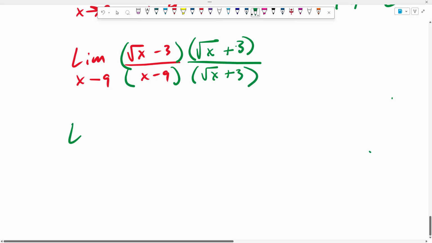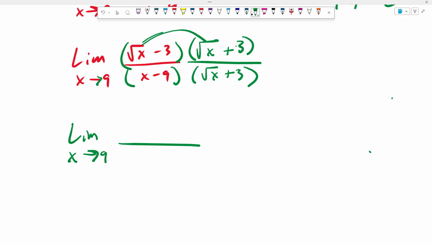with the limit as x approaches 9. Square root of x plus 3, square root of x minus 3, over x minus 9. The other thing is don't distribute the denominator.